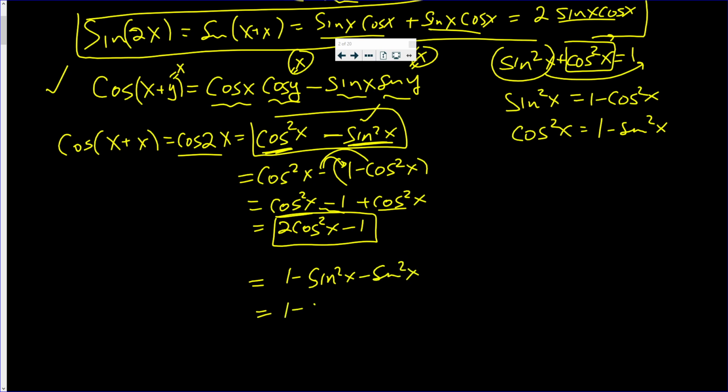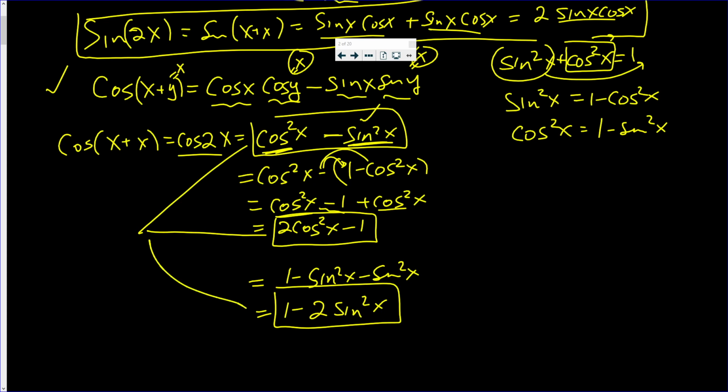That is, it's 1 minus 2 sine squared x's. There are 3 ways of writing cosine 2x. Personally, I guess from doing it enough, I remember the top one. I never remember those two, but I easily get it. Cosine of 2x is both of those.